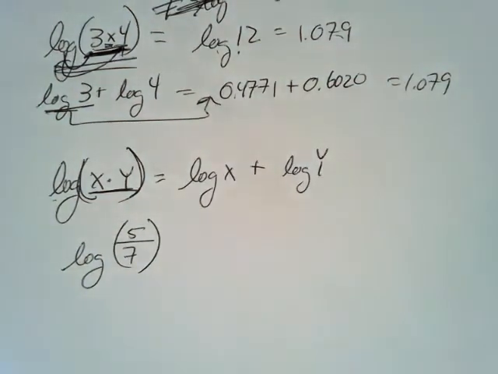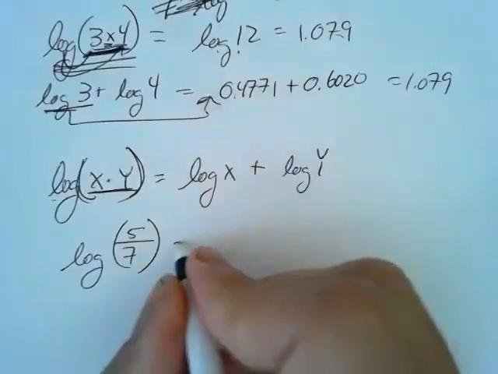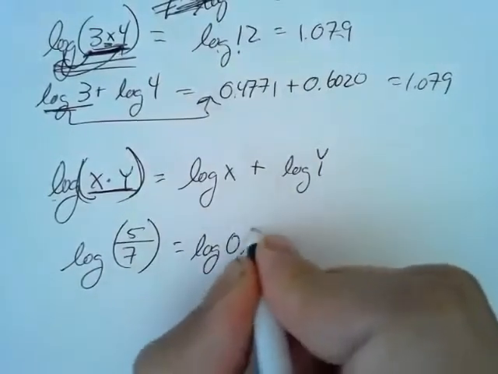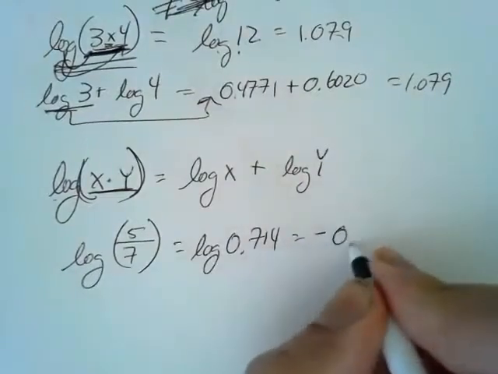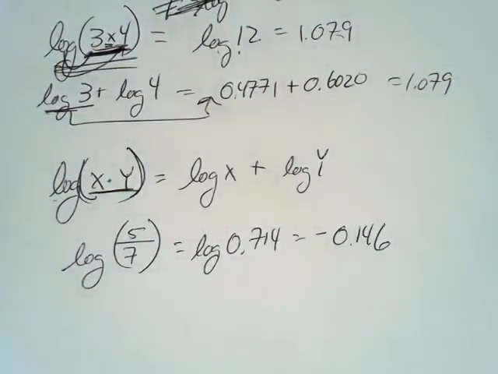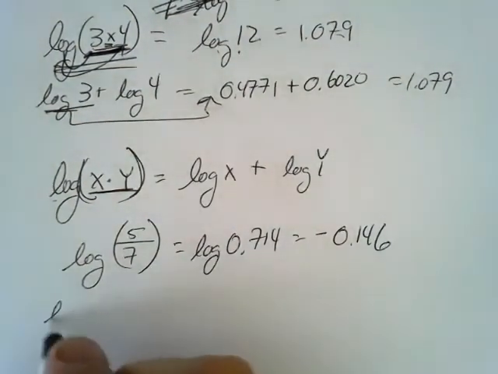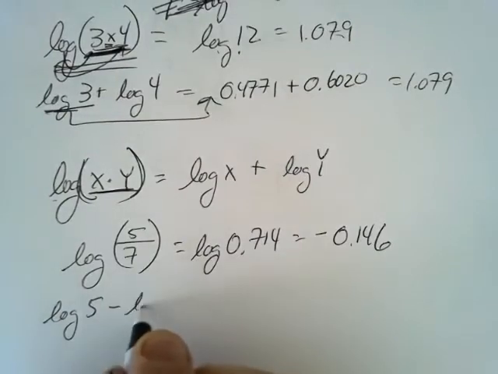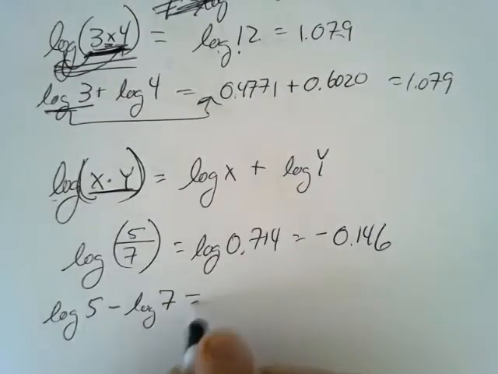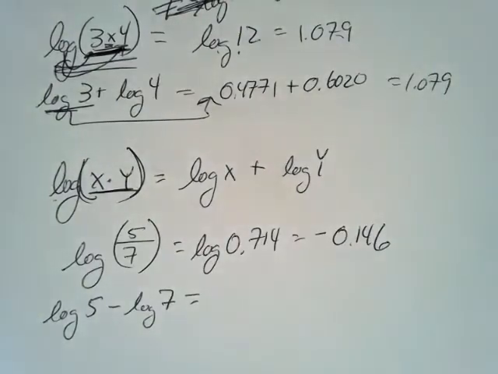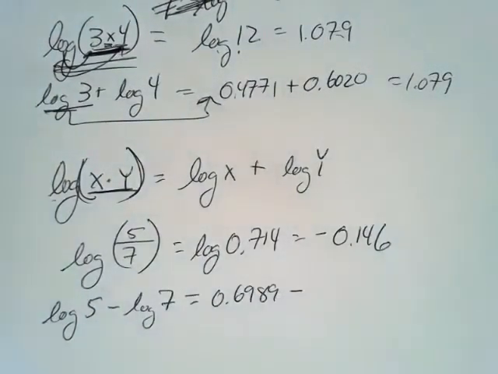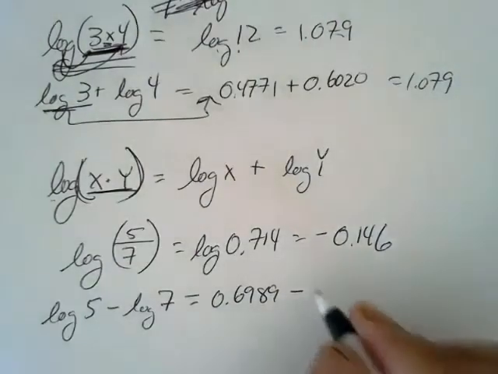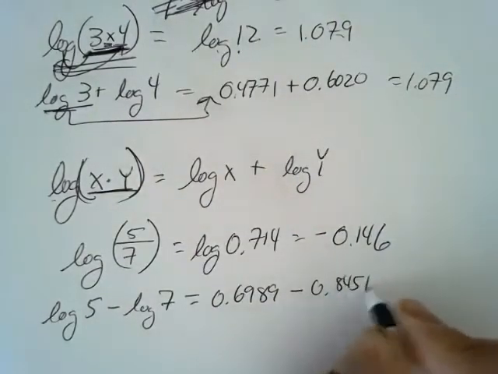Similarly, for division, if you were to say log of 5 over 7. So if we do 5 divided by 7, this would be the log of 0.714. Take the log of that number, you get negative 0.146. Or we could say the log of 5 minus the log of 7. Take the log of 5, you get 0.6989, minus log of 7, 0.8451.